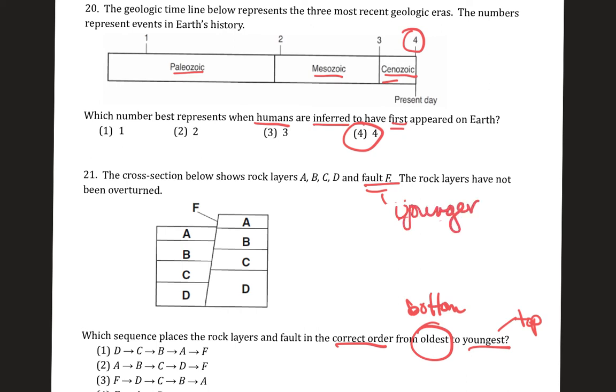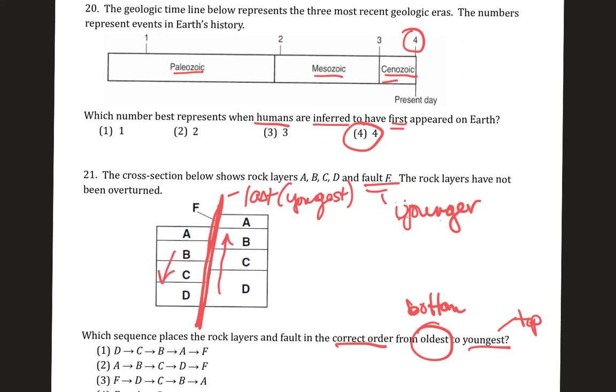So remember, the rocks have to be there in order for them to be cut or cracked by that fault. So that means that this fault probably is last, right? It's probably the youngest thing that happened because it's cutting across all of those other rock layers and it's affecting them. You can see that this side has moved up or maybe this side has moved down.